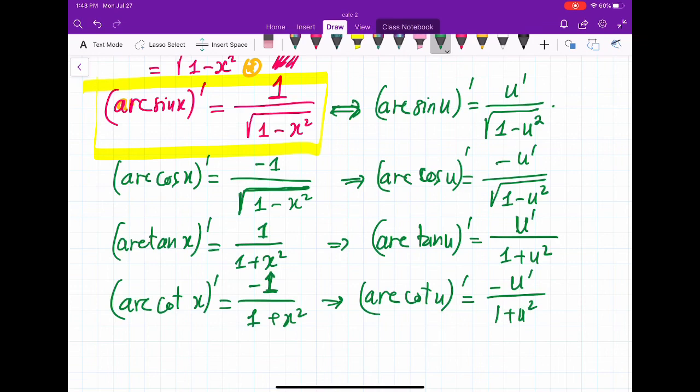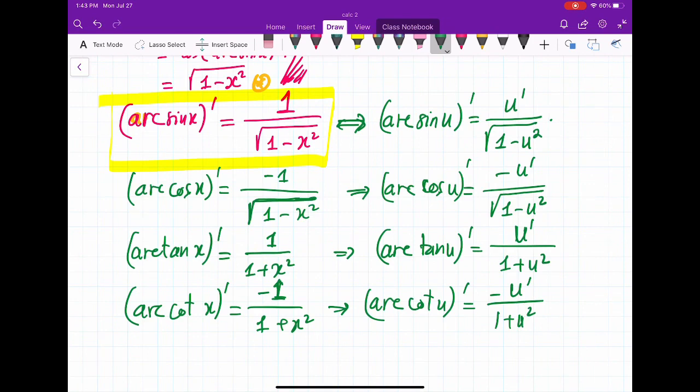About arcsecant or arccosecant, I think you can see them in the textbook, okay? I just want to concentrate on sine, cosine, tangent, and cotangent. And one thing I want to mention in these 4 formulas: if you differentiate the inverse sine function, you don't have a negative, just everything with the plus.